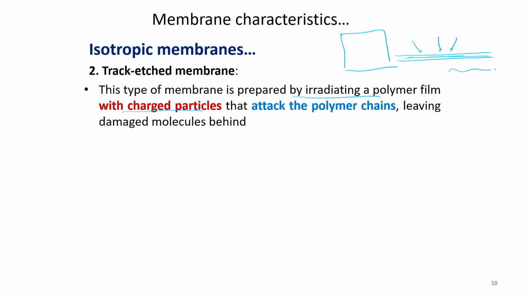The charged particles are projected on the polymer film, and that will attack the polymer chain and damage the molecules, and this damaged portion will create the pores. So, that is the process of the track etched membrane.